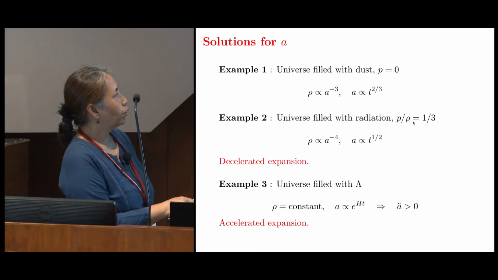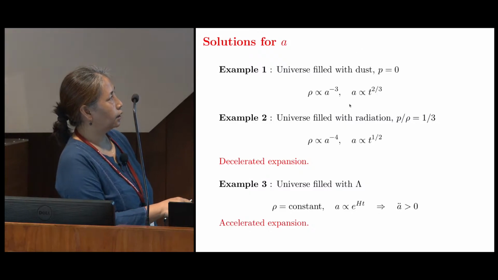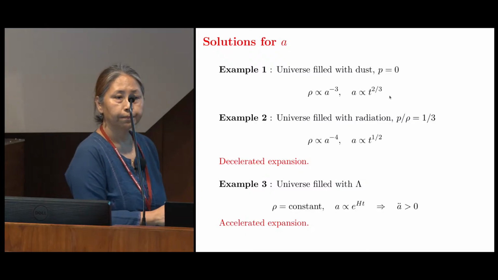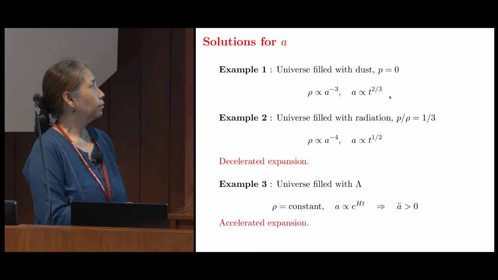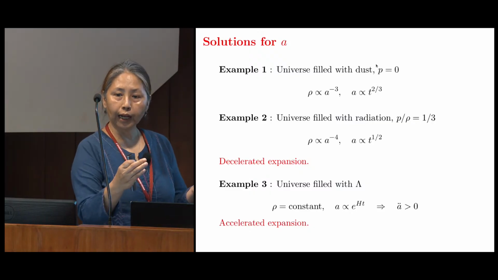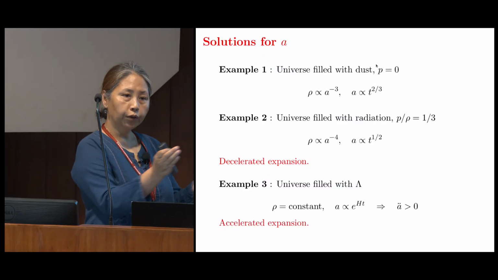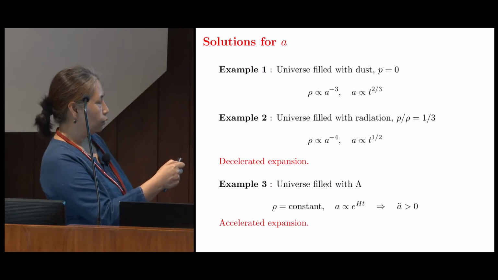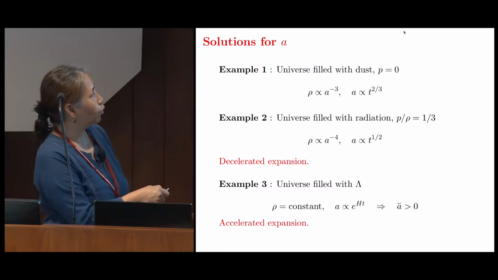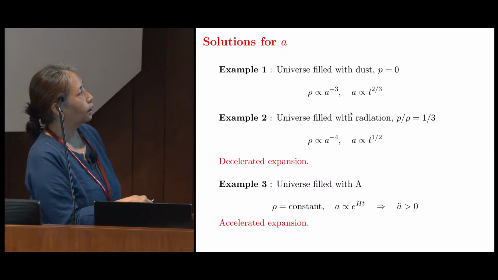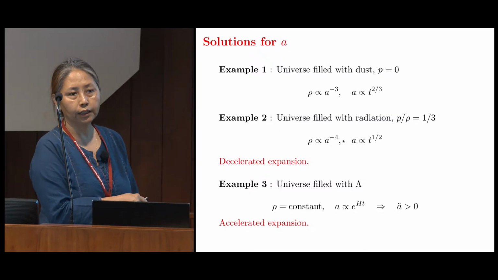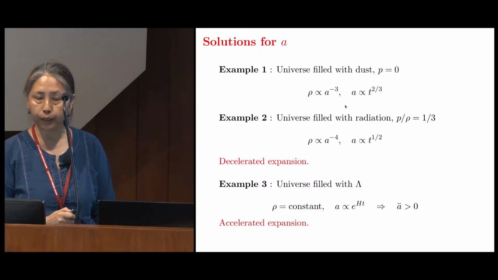Now, which one will be faster expansion, sorry, not acceleration? It depends on the time, right. If t is less than 1, then... these are toy examples. But in both of these, what you are seeing is that even if the universe is filled with radiation, it will still be decelerated expansion, it will not be accelerated expansion.